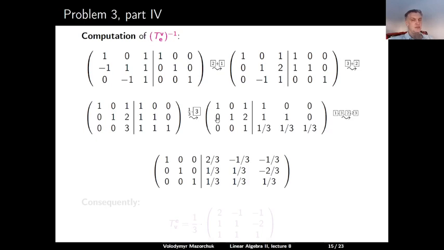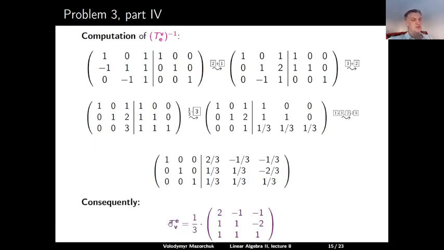And row 2 becomes 0 minus 0 is 0, 1 minus 0 is 1, 2 minus 2 times 1 is 0, 1 minus 2 times 1 third is 1 third, 1 minus 2 times 1 third is 1 third, 0 minus 2 times 1 third is minus 2 thirds.